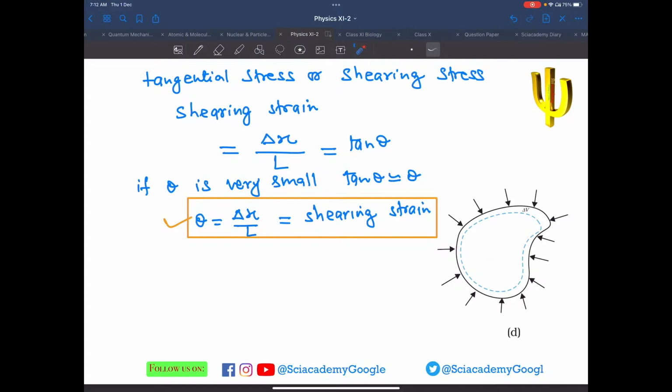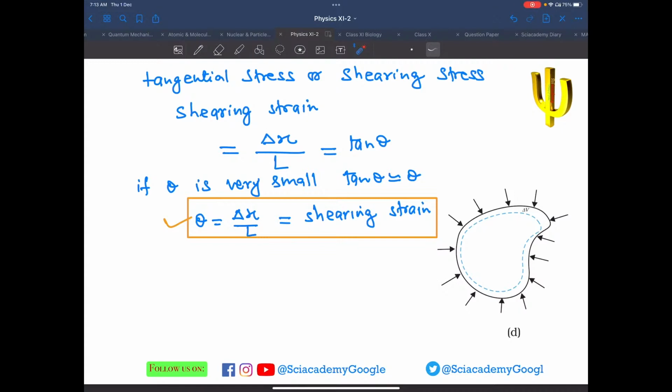So what will happen? There will be pressure from all sides on the sphere, and because of this pressure on the sphere, there may be a change in the volume of the sphere.